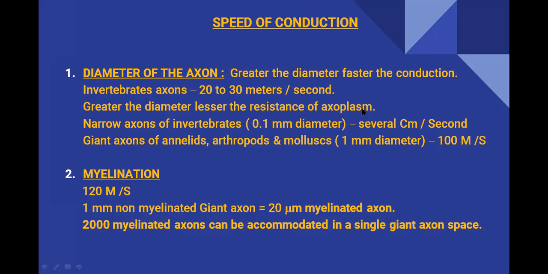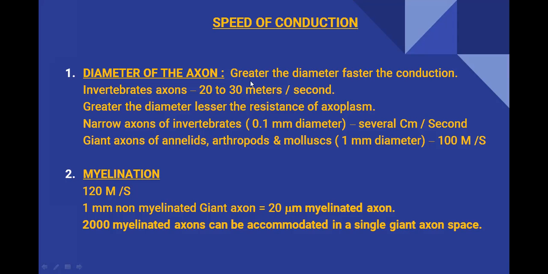If more axoplasm is there, resistance will be lesser. If less axoplasm is there, resistance will be more. So the greater the diameter, the less the resistance by the axoplasm. That's why in thicker axons, as more axoplasm is there, resistance is very low, and this low resistance helps in fast conduction of the nerve impulse to neighboring areas.